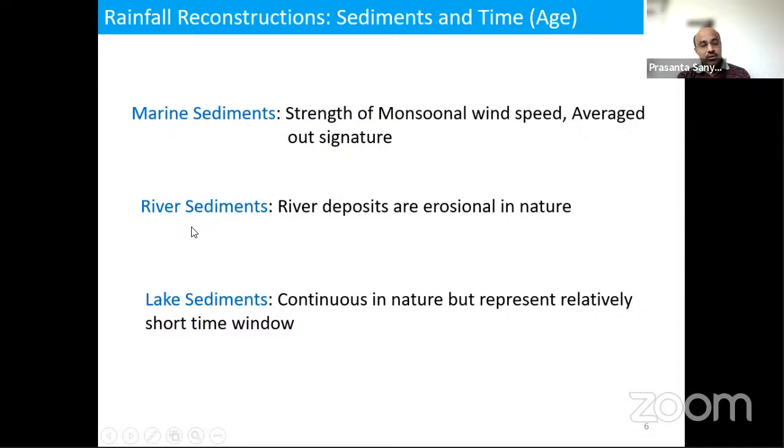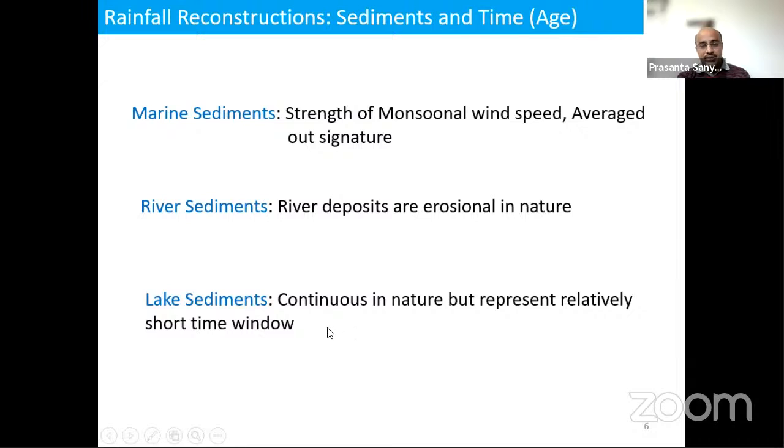As rivers respond to monsoonal precipitation variation, in principle, the river should also document the change in the climatic pattern. But the problem with river sediment is that in most cases, the sediment records are erosional in nature. So it's very difficult to get a continuous climatic record from river sediments. The third reservoir is the lake sediments.